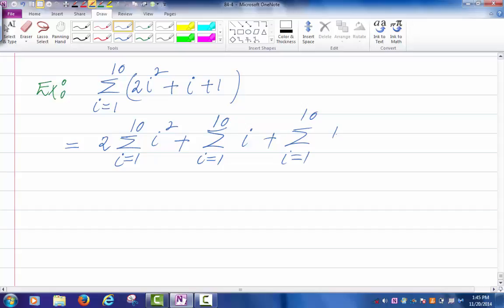So we can say that the given sum is equal to the sum of these three sums.